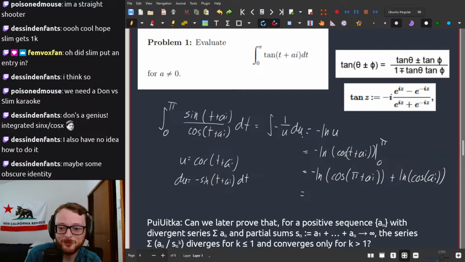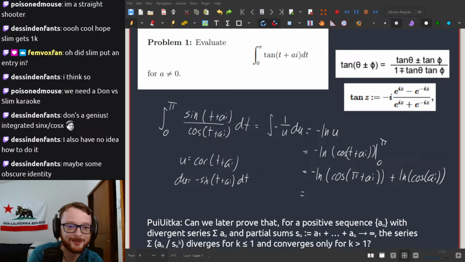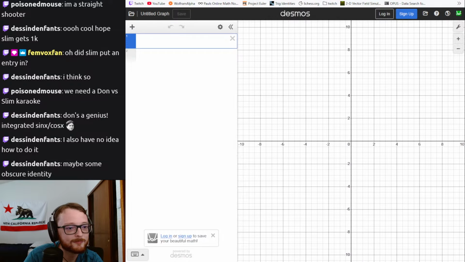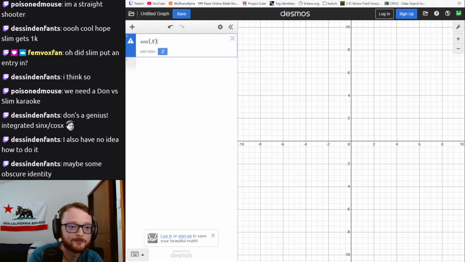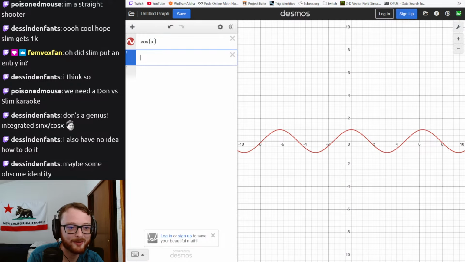This is some version of cosh here. Cosh, same thing. Cosine of pi plus something is surely the same thing as cosine of something, or like negative cosine. Oh wait, is this gonna hold true if it's an imaginary number though?